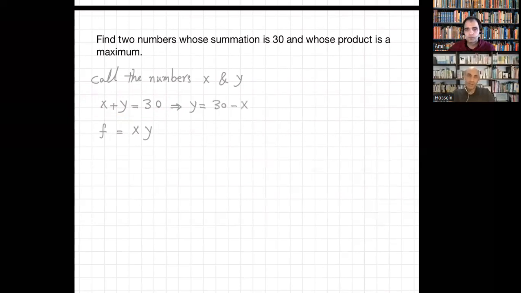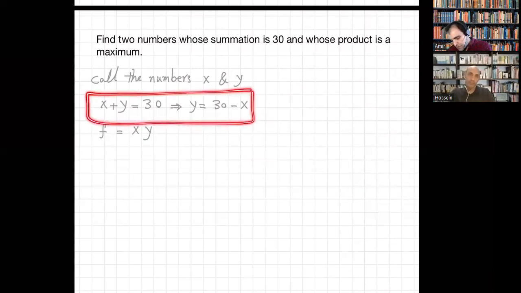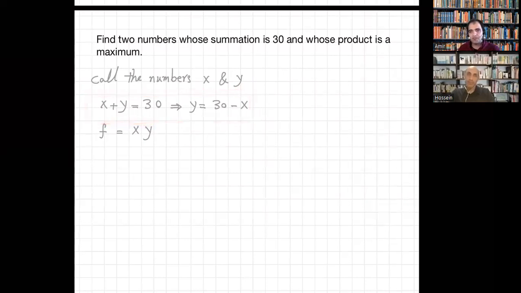Actually, I wanted to ask you, are these two variables independent? In other words, the function f that you defined here, is that a function of x and y? These are two independent variables, or no, f is just dependent on one variable. Since we have the first relation that makes the two numbers dependent on each other. Exactly.